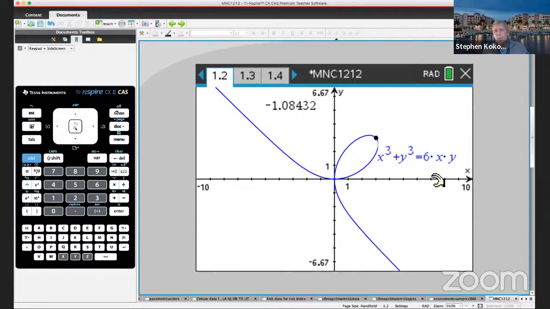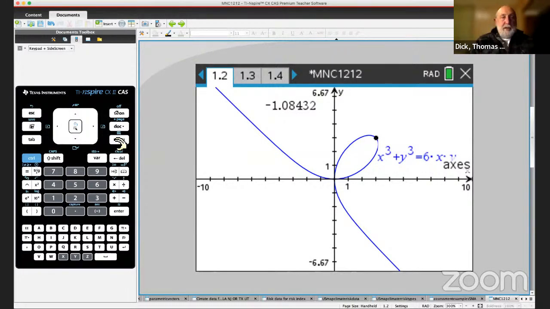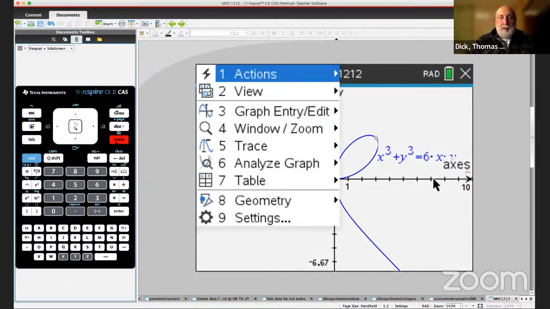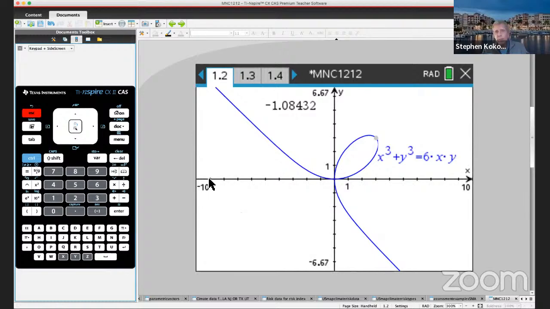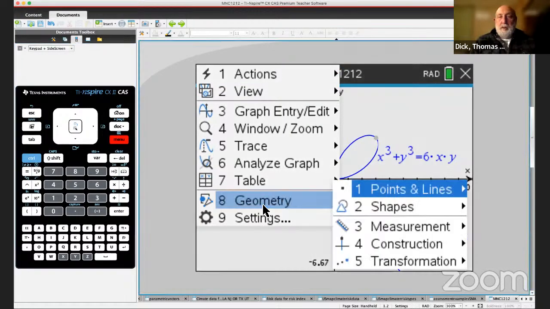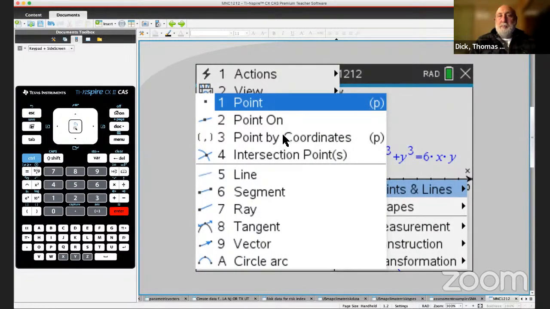Is there a way, Tom, to display the coordinates of that point? Yeah, I think so. Let's see. Or, another thing I could do here, let me try this. Okay. Let's just do, under geometry. Okay. And I'm going to do a point by coordinate.